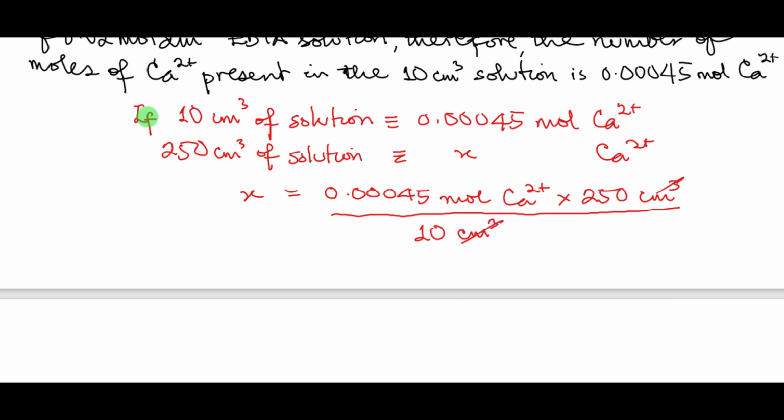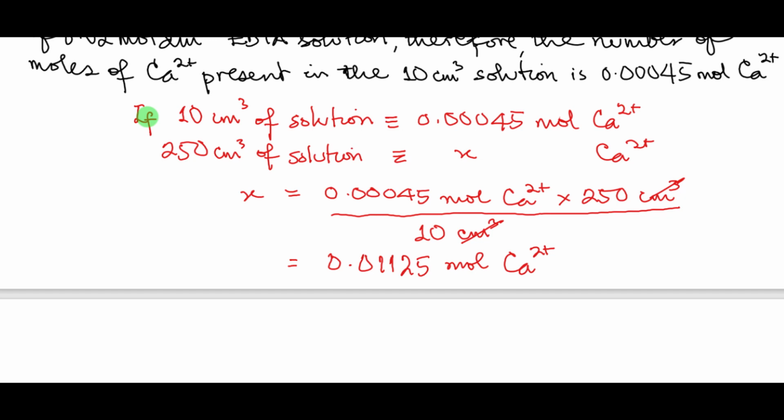So this and this will go, and we'll be left with 0.01125 mole of calcium ion. So this tells us that this was the amount of calcium ion in moles that was present in the 250 cm cube of the solution.